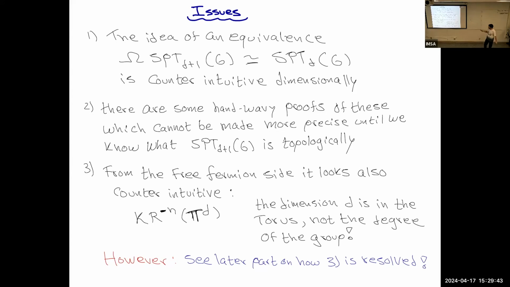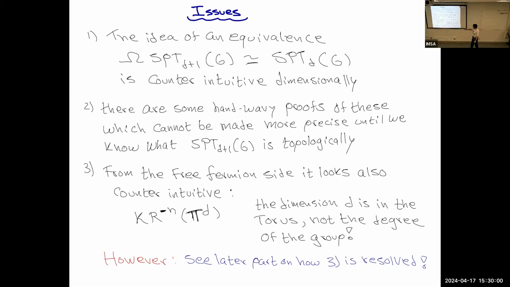Third, and this is something that made me reject the idea for a long time, but as we will see later, you can resolve it in a very interesting way, is that this looks, again, to be false for non-interacting systems, right?